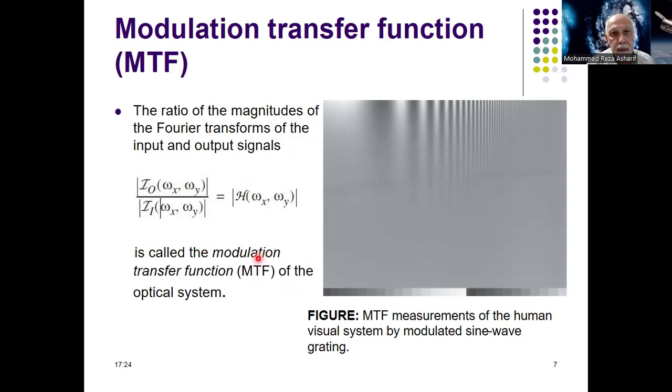This is called the modulation transfer function, MTF, of the optical system. It measures the human visual system using a modulated sine wave grating. So MTF is important in sensing here.